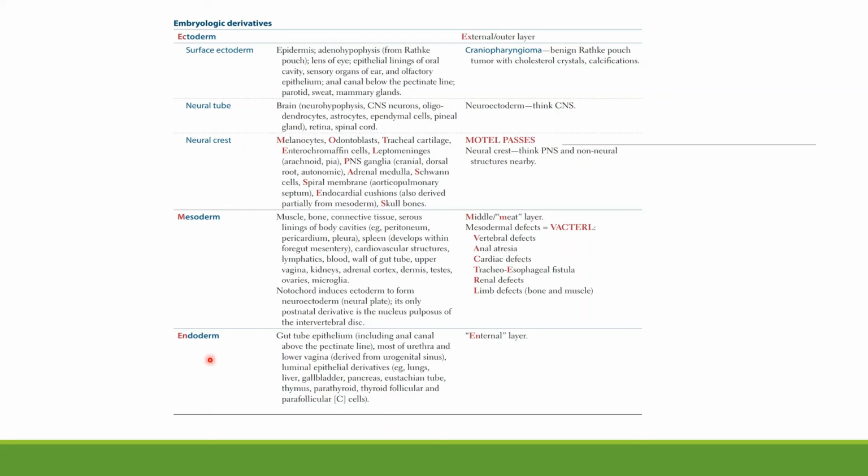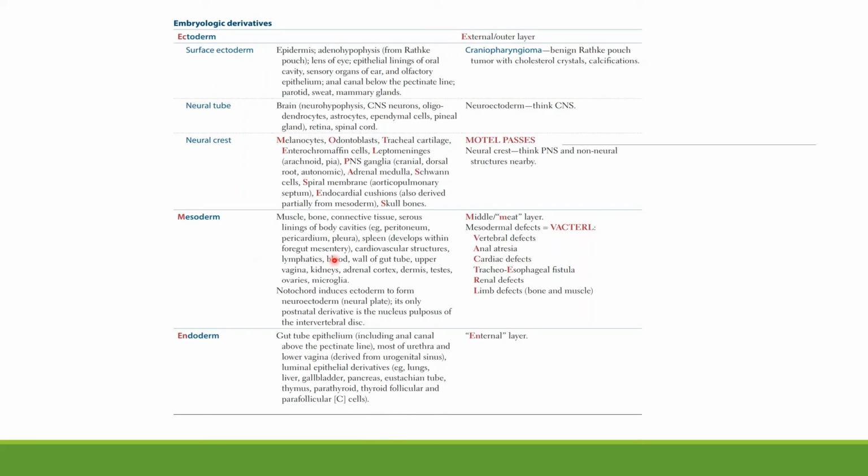These are coming from endoderm, and you have to remember this. Always remember that even though it's an internal organ, the endoderm gives rise to it. One of the most important things you should remember, which they sometimes ask, is that the thyroid follicles and the parafollicular cells are coming from the endoderm. This is very important.